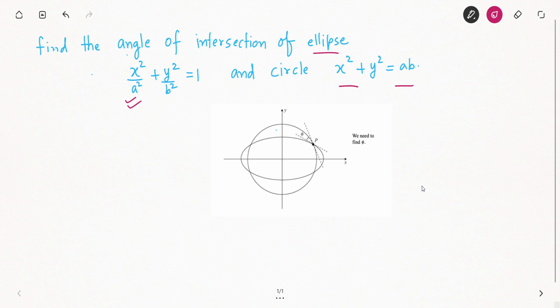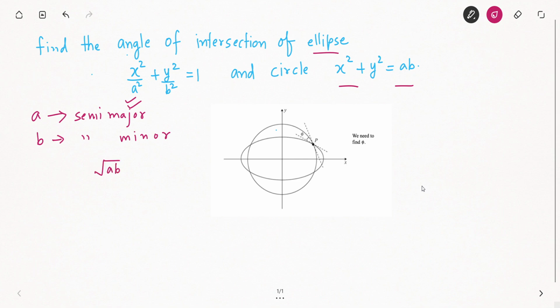Now regarding A and B, what inference can we draw? We can say that the semi-major and semi-minor axes of the ellipse are of length A and B. A is the semi-major, and B is the semi-minor.